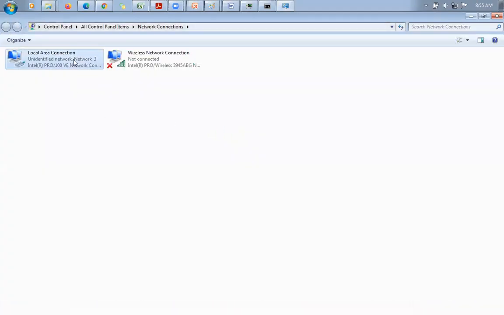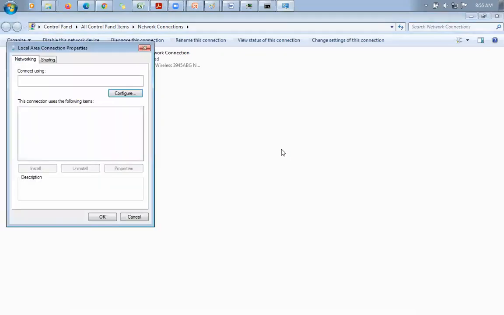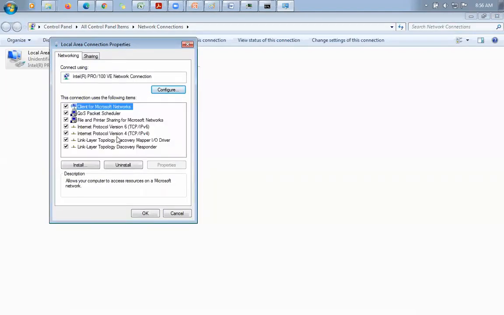Yeah, and here when you right click, properties. This is your LAN properties, local area network properties, and here you'll be able to see IPv4 and IPv6, right? Have you all seen this in your computers anytime?